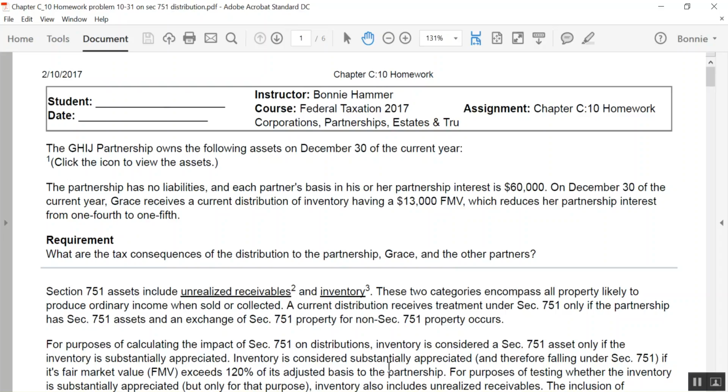And so you can't even have this situation occur unless the partnership has both kinds of assets.